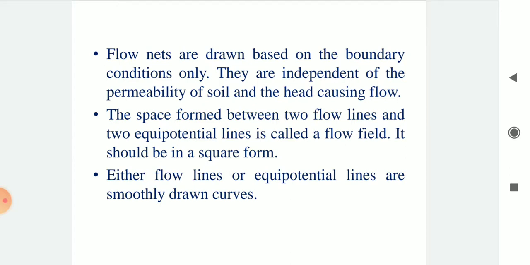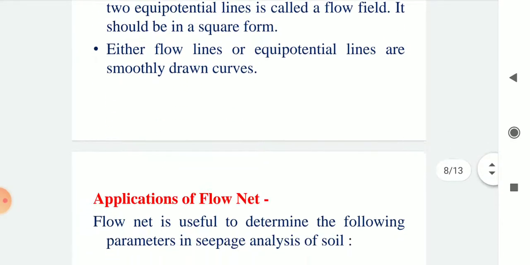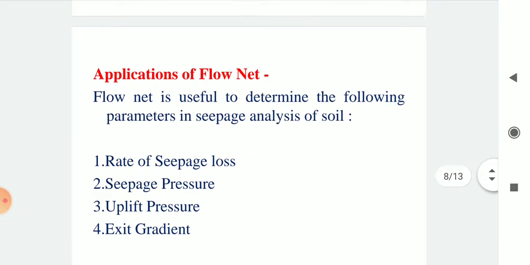Next, the space formed between two flow lines and two equipotential lines is called a flow field. As you can see in the image, it should be square in form. Either flow lines or equipotential lines are smoothly drawn curves. These are the properties of flow nets.